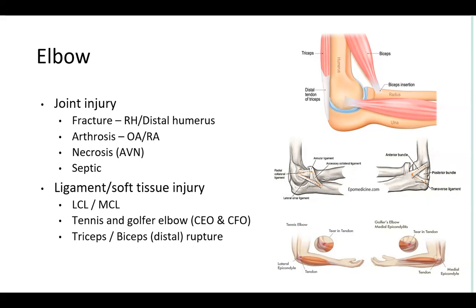It comes with that, whenever you have a trauma, fracture dislocation, ligament injury, you can have injury to the common extensor. This is not a CEO or a CFO of a company. This is common extensor origin and common flexor origin, okay? These can also provide some collateral protection to the joint as well, okay? These problems explain golfer's and tennis elbow, the common extensor, the common flexor. You can have a tear in one of the common extensor, okay, and every time they use their hand, they're just in pain, okay?